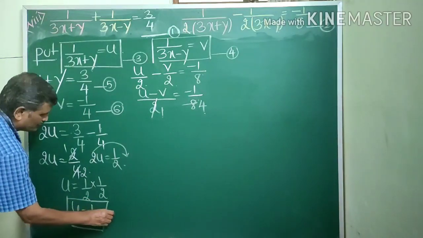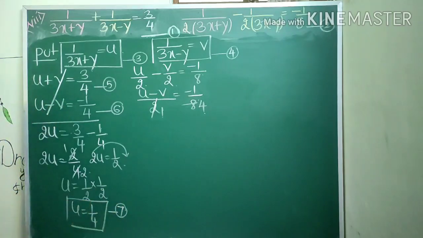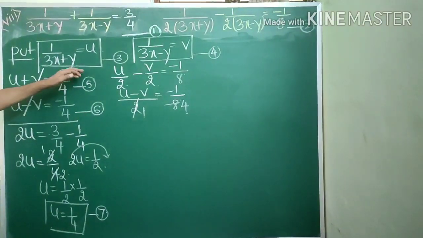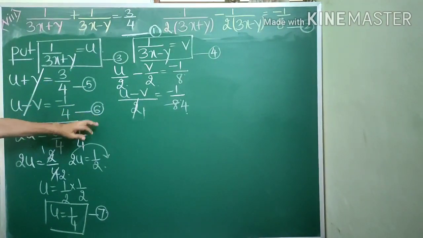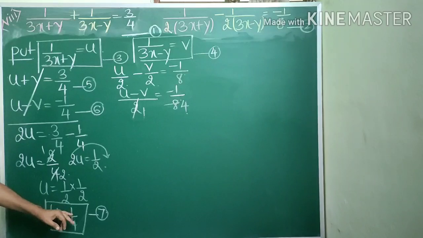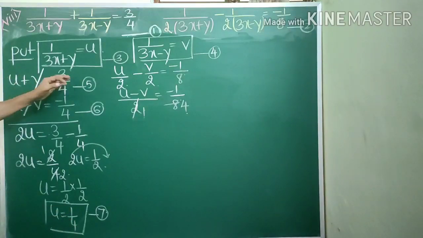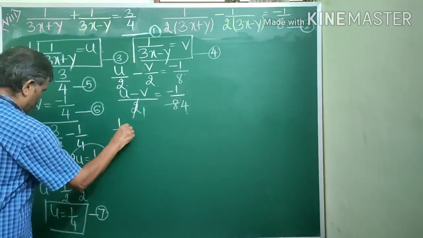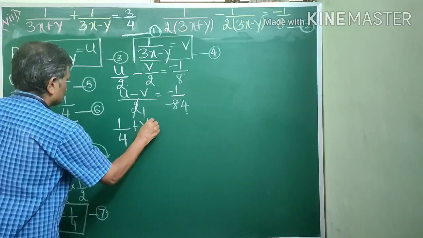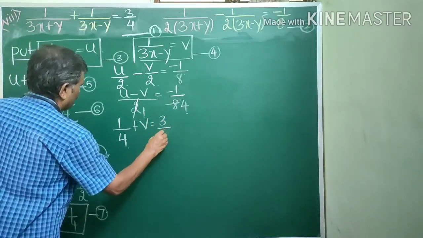This I will call equation number 7. Now this value of u as 1 by 4, I can either put in the fifth equation or in the sixth equation. Now the fifth equation appears to be simpler for me, so I'll put this value of u is equal to 1 by 4 in equation number 5. So in place of u I am going to put 1 by 4, and v I will keep as it is, equal to 3 by 4.